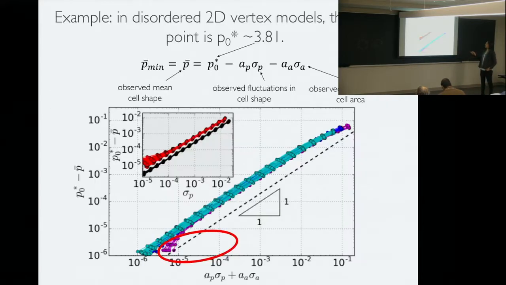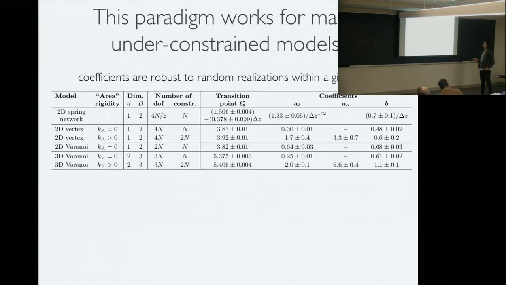Okay, so all of these functions have parameters that describe the coefficients in front of these fluctuations. And we can look at all of these models. This is the spring network model. These are vertex models with various parameters. And what I'm showing you is that they all fit this model. The coefficients are different between models, but they're robust to random realizations.